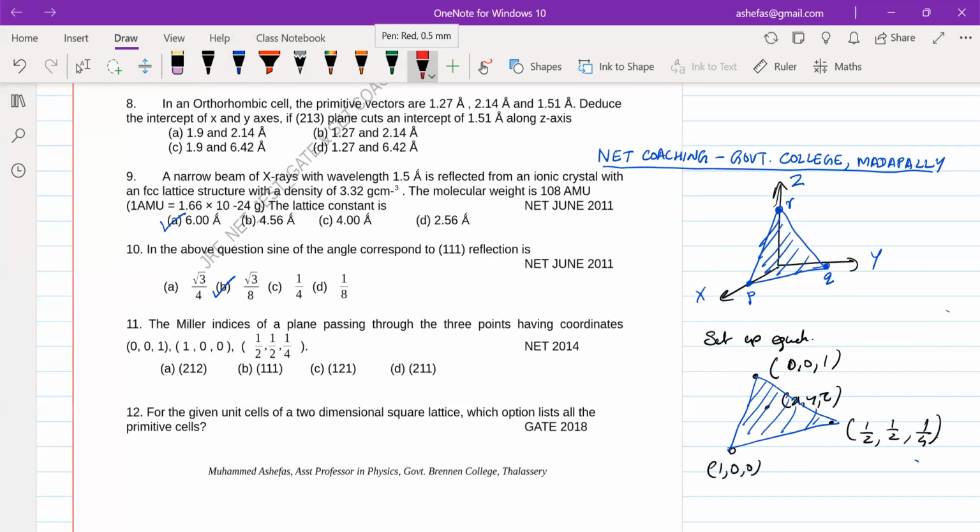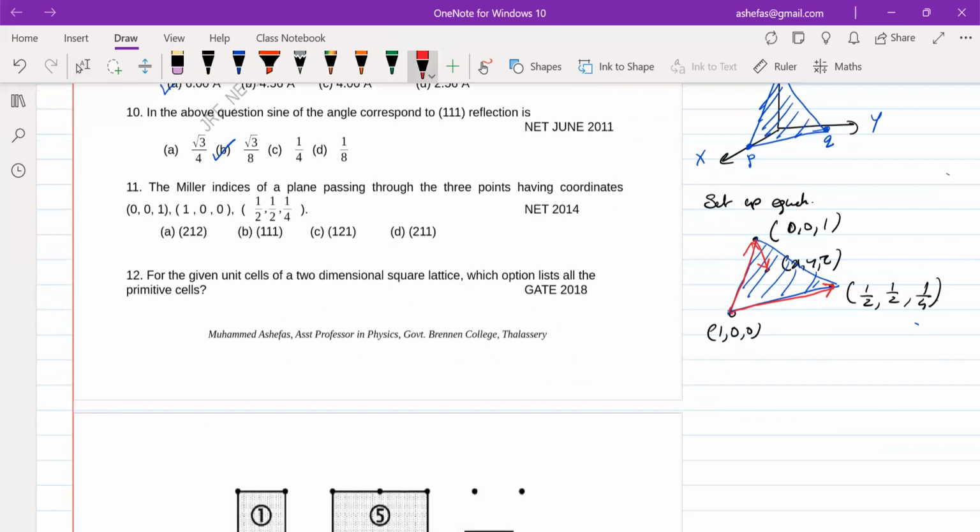Now we can define three lines here: the line connecting 1, 0, 0, the line connecting this, and the line connecting this. If you consider these three vectors, they are coplanar, in the same plane, and therefore the box product of these three vectors would be 0.